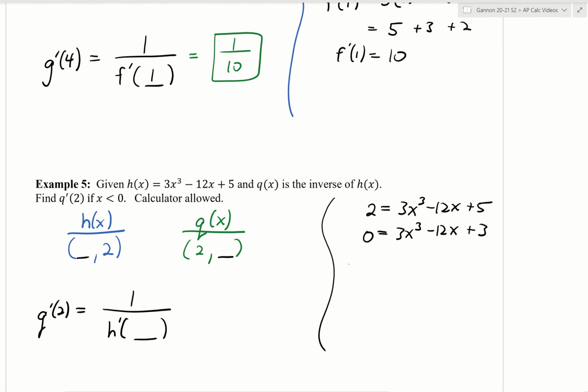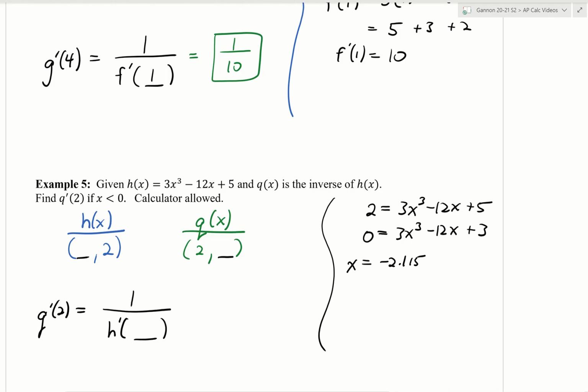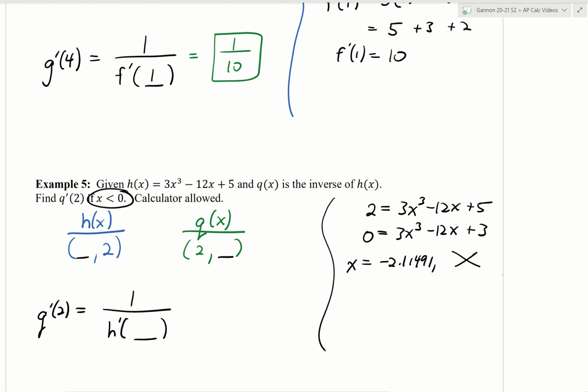So if we come back over here, x is going to equal either negative 2.11491. And then if you look there, x has to be less than 0. And going back here, the other zeros were all positive. So we can reject whatever else came after that, and that has to be the value that we're looking for.